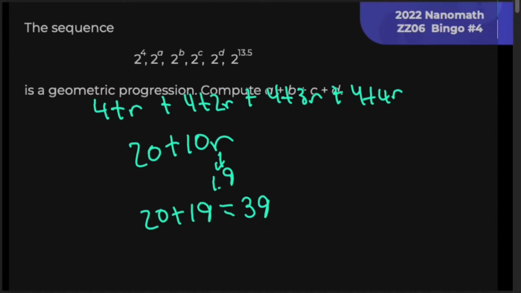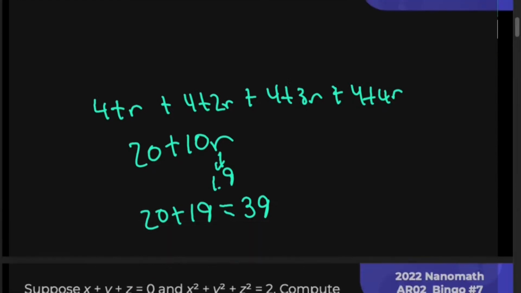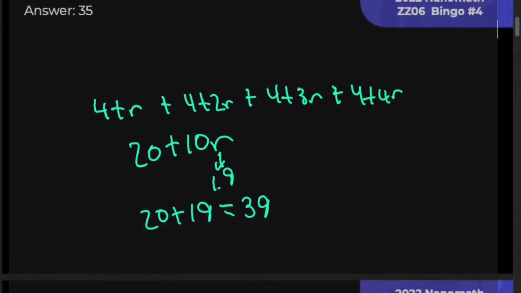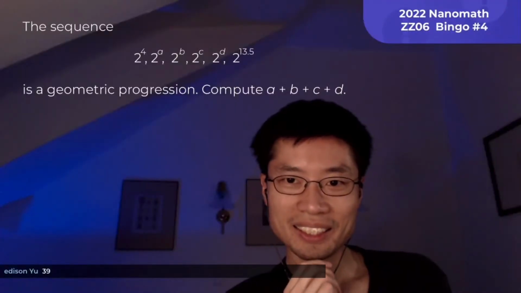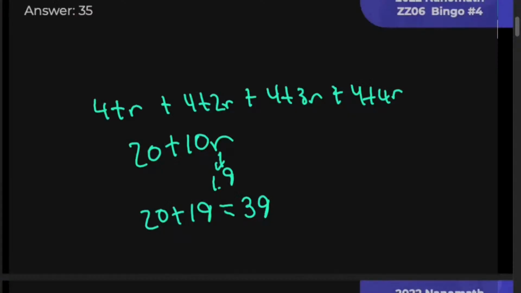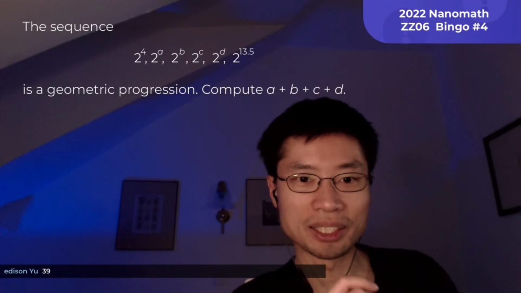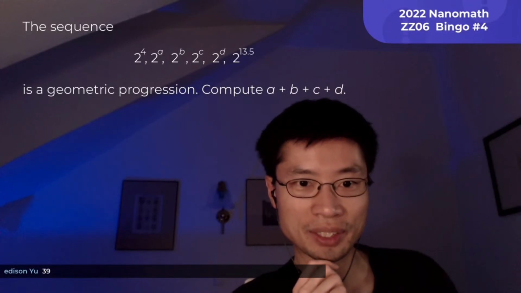Let me check. Oh, it was 35. Did I do something wrong? I have a different way of doing it, so I got a different answer. I'm wondering if it's because of the 4 plus how many r's equals 13.5.